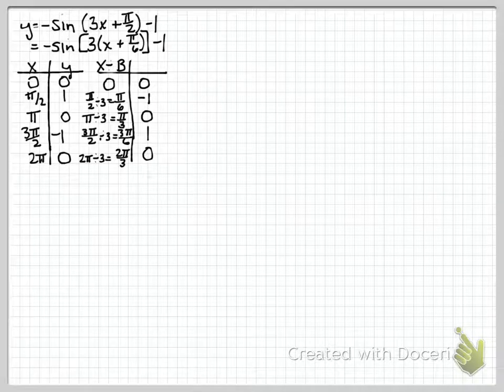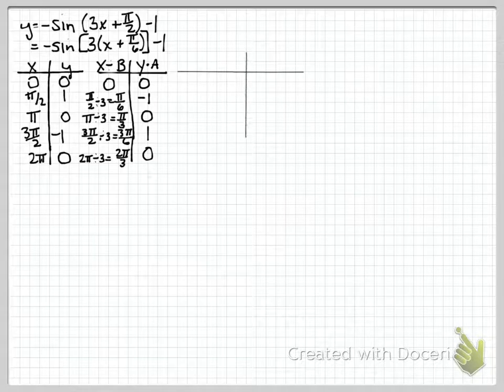Now let's do our next set of points. And again, I'm going to give myself lots of room for my x values, because I am going to be working with some fractions here.